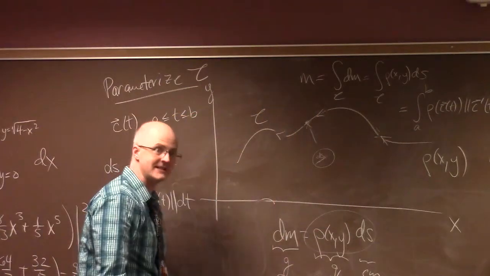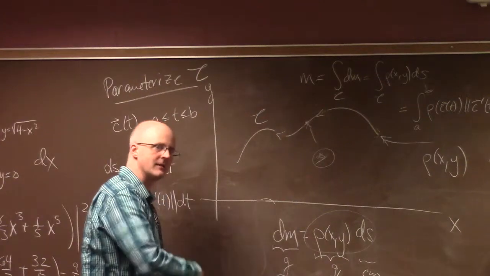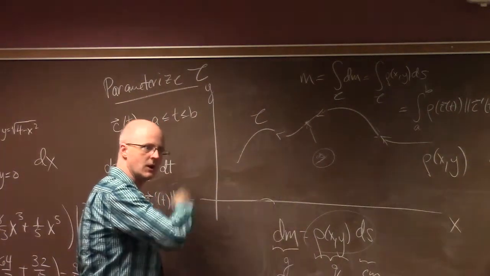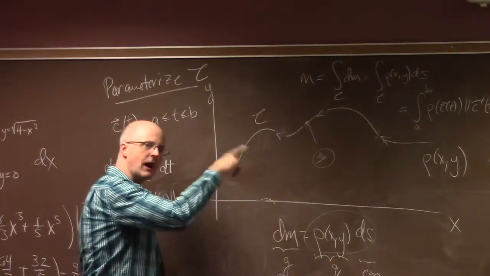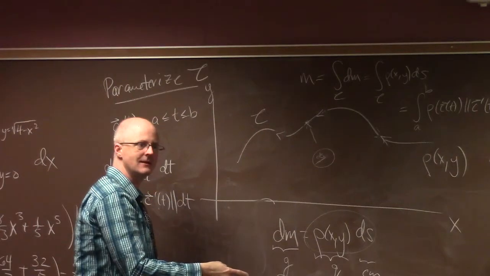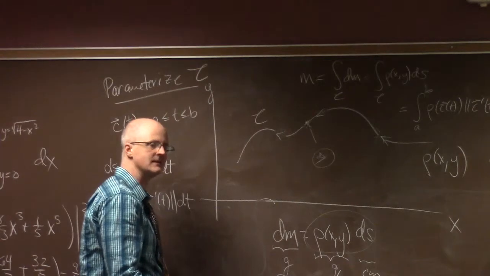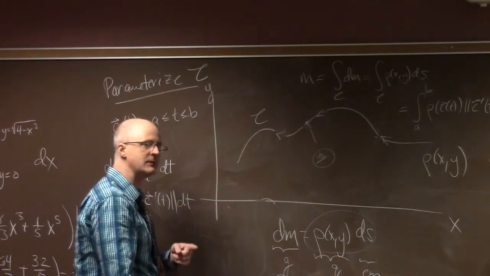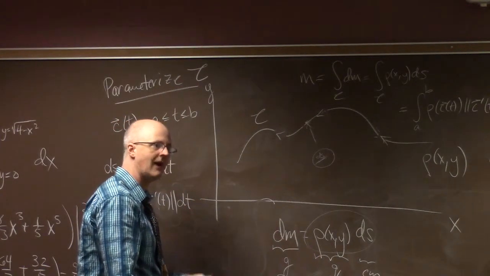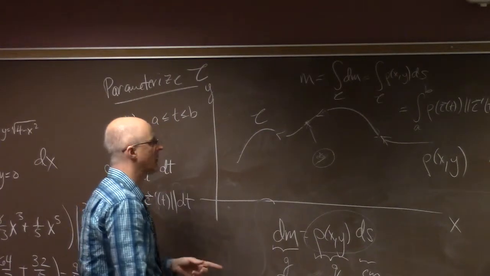Or the orientation is described verbally as left to right, right to left, or maybe if you're going around a closed curve, counterclockwise or clockwise. So there's either a picture or a description of what the orientation is. And the key thing is when you actually calculate the integral, you have to parameterize with respect to that orientation.